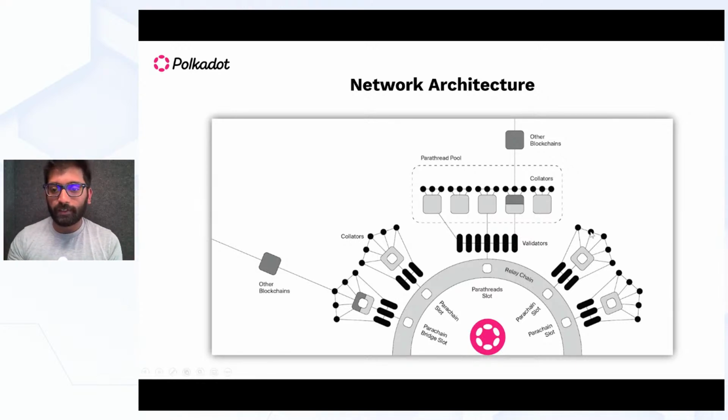These circles that you see right there are collators. Collators package the transactions that are happening on a parachain into proof of validity blocks that are sent to the relay chain validators. The validation of those parachain blocks happens here, and the validators include a candidate receipt.